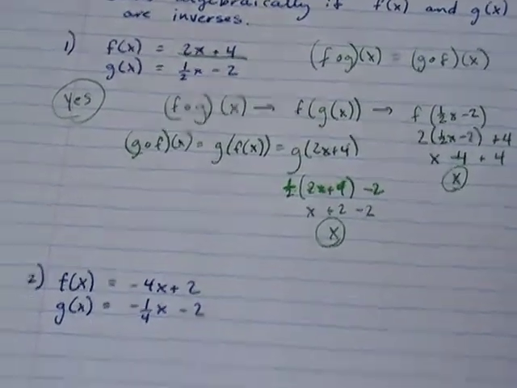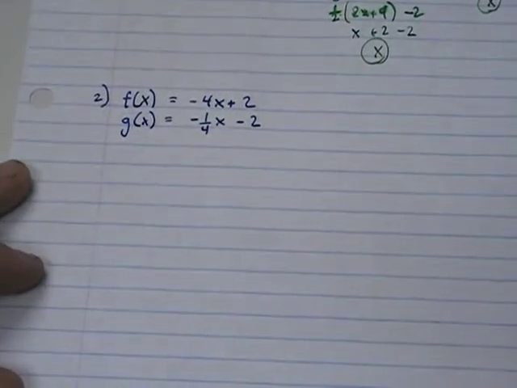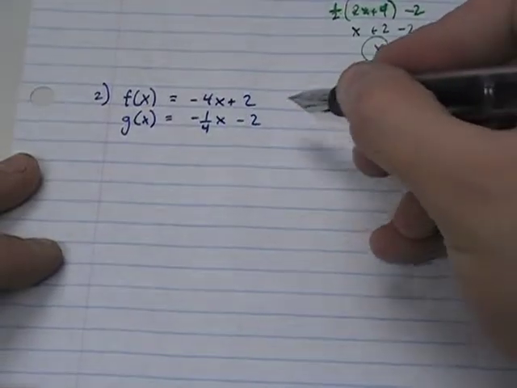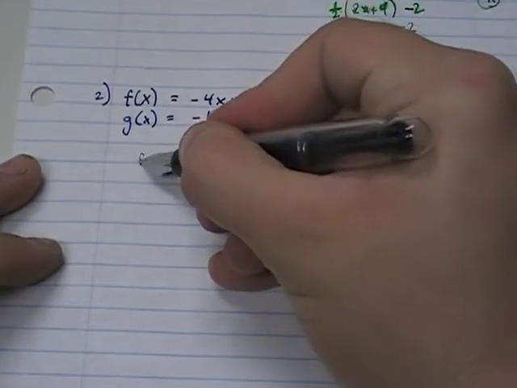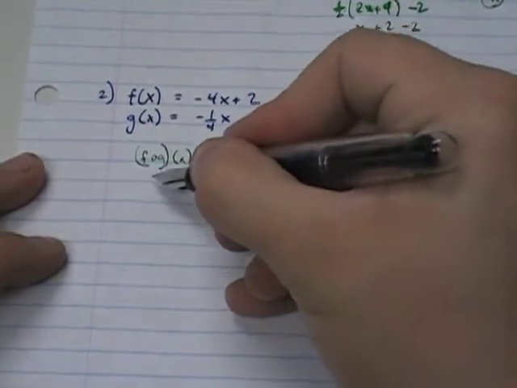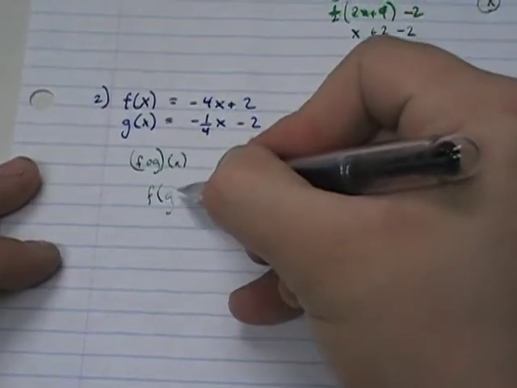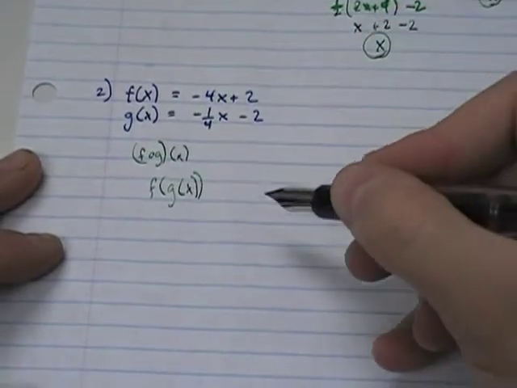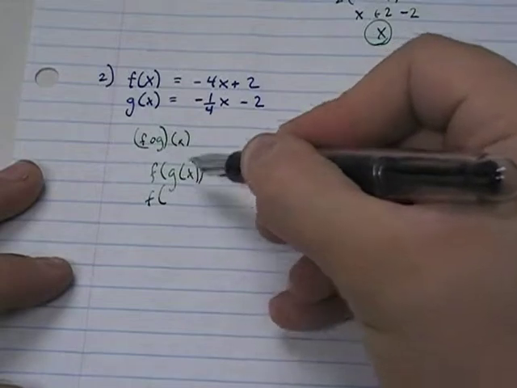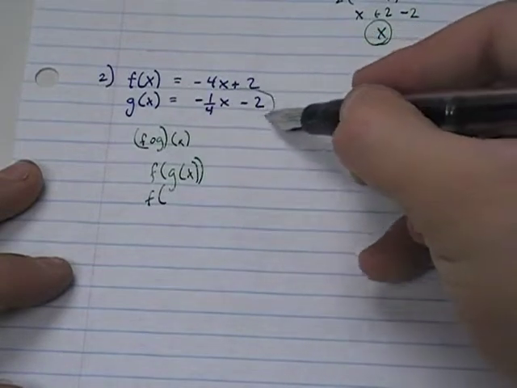So let's go to the next question. Same question. Are f and g inverses? Show algebraically if f and g are inverses. So what I'm going to do is say f of g of x, which is f of, and g of x is here.